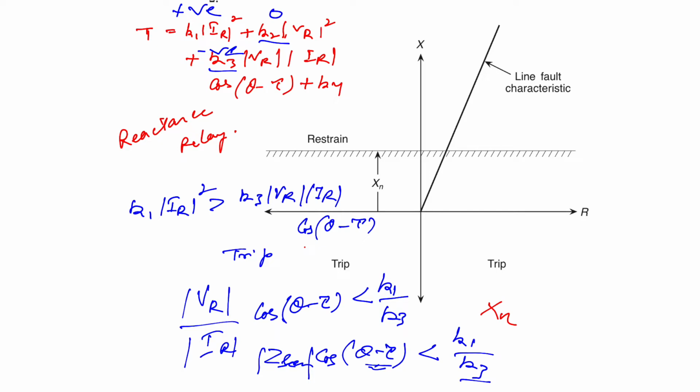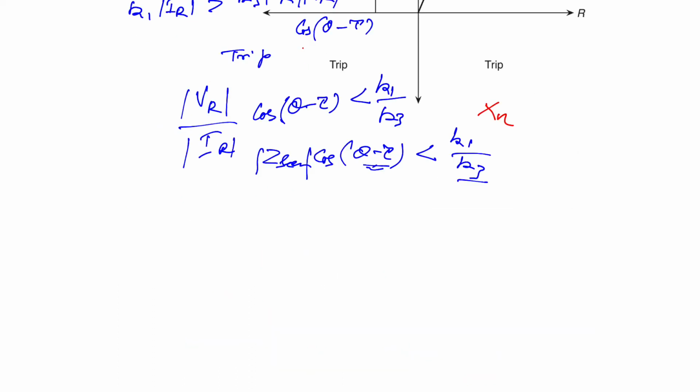Then the final value can be written as the magnitude of Z seen cos of (theta minus 90), tau we have taken as 90 degrees, is less than Xn.